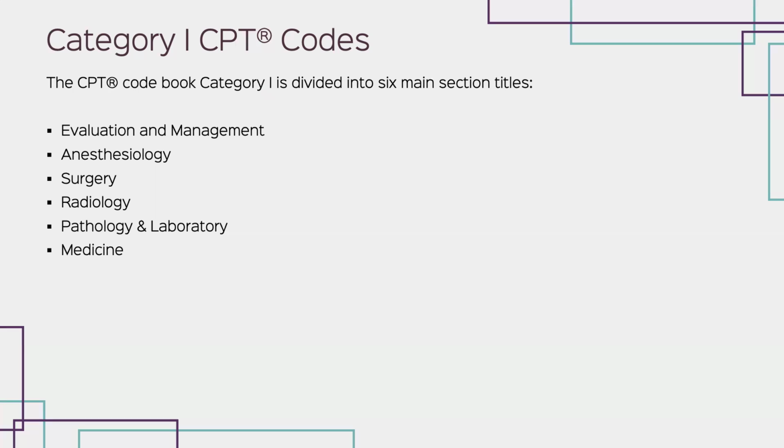Your category 1 codes are going to be reviewed and updated on an annual basis. And then those codes will begin to be used on January 1st. It is mandatory when you are submitting a claim that you do use a category 1 code for reporting and reimbursement purposes.